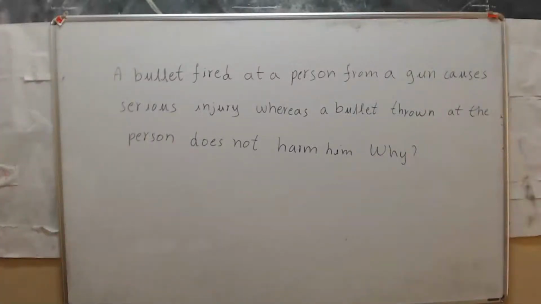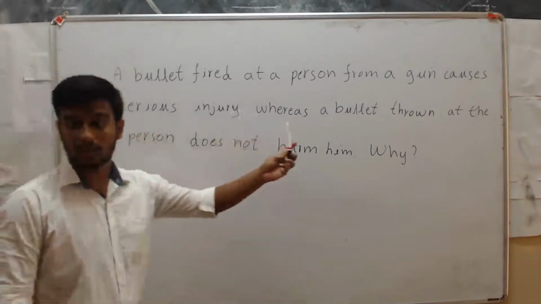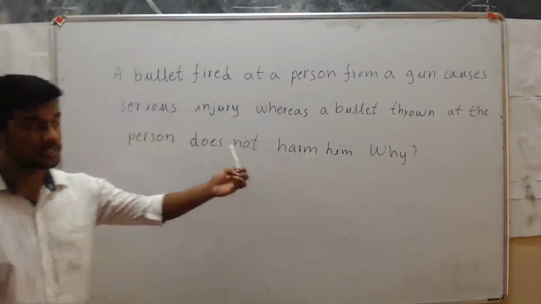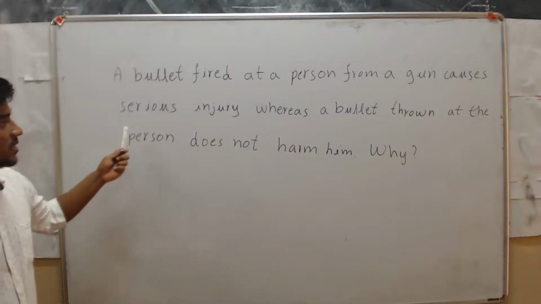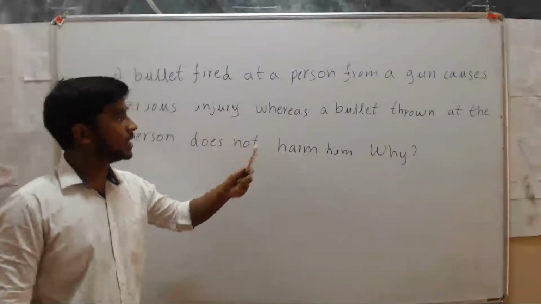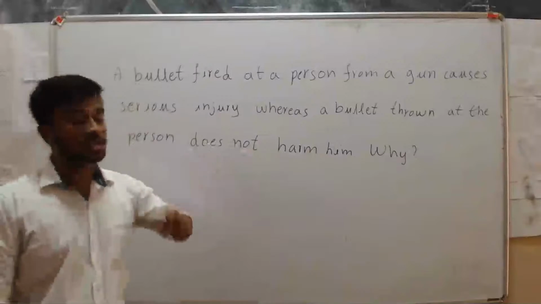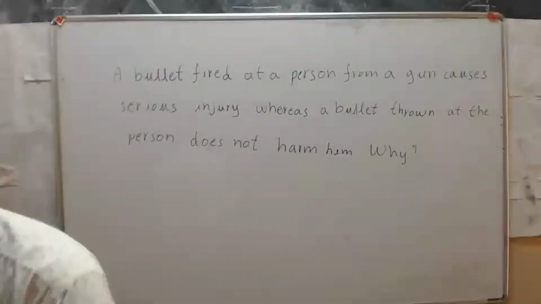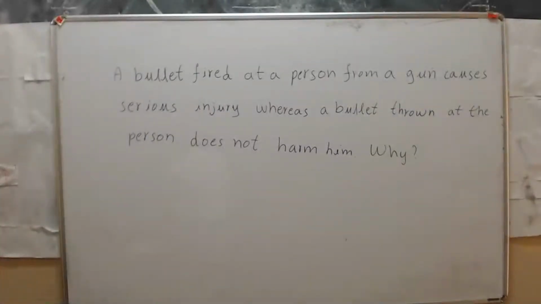A bullet fired at a person from a gun causes serious injury. It may even kill, not only injure. Whereas a bullet thrown at the person does not harm him. Why? I'll give you 2 minutes. Quick.